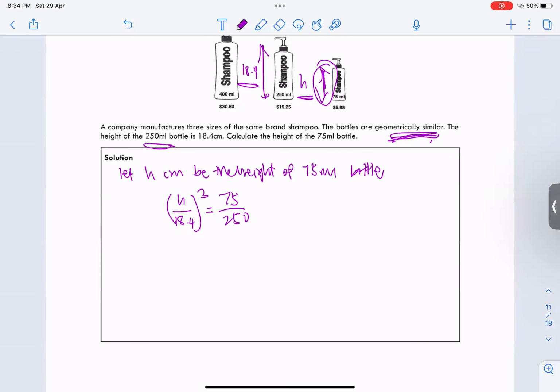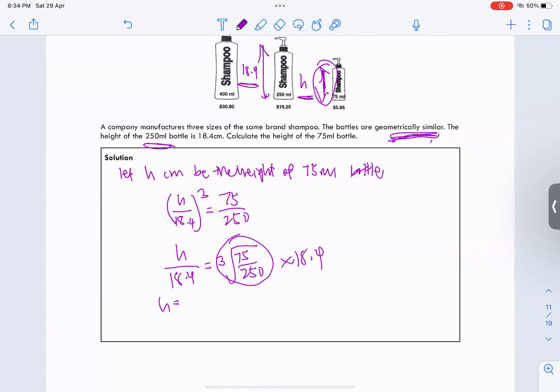Then from here, you can either cube or you just cube root. So H over 18.4 equals cube root of 75 over 25. From here on is quite direct. H equals this times 18.4. Then you get 12.3.